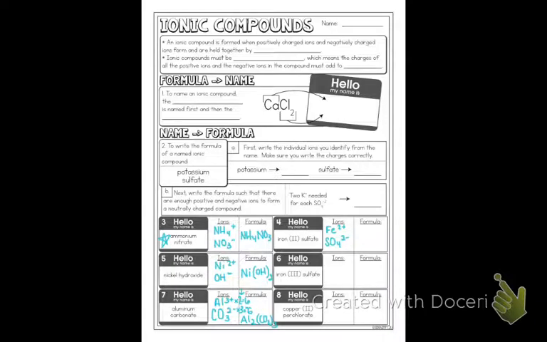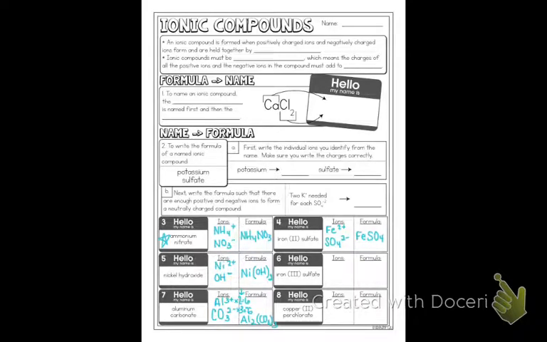The more you use these polyatomics, the easier it will become to write them and have them memorized. Again, you don't need to memorize them, but you need to know where to find them on the chart and know what the charges mean. Well, here I have a plus 2 and a minus 2. If I add those together, they equal 0, so I don't need to add any subscripts here. I just need to write the Fe and the SO4, and that would be my formula.